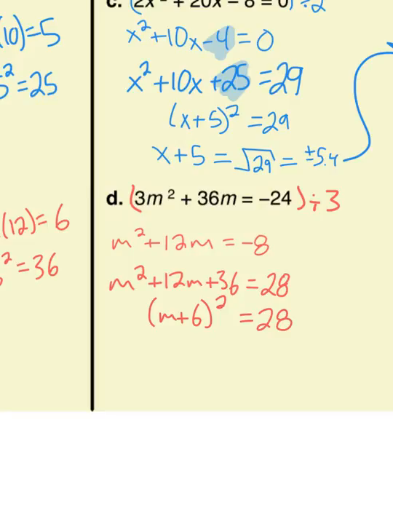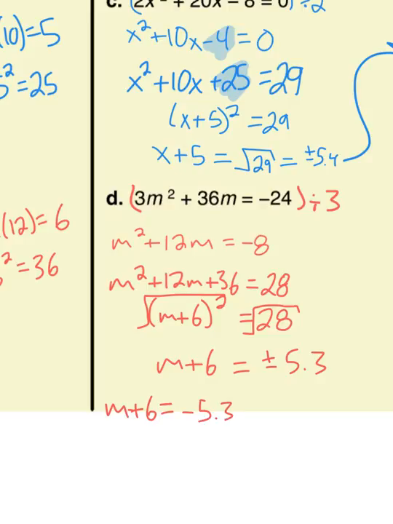Now to find what m is, I have to get rid of that exponent, so I'm going to find the square root of both sides, which means I'm left with m plus 6 over here. And the square root of 28 is positive or negative 5.3. I'm going to set this up into two equations. m plus 6 equals negative 5.3, and m plus 6 equals positive 5.3.